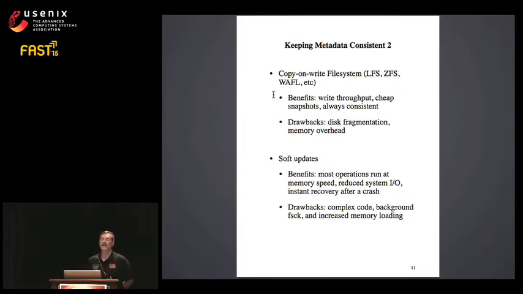So the real technology shift has come with copy-on-write file systems. This started with Mendel Rosenblum on the Sprite project at Berkeley, then Margo Seltzer and others at Berkeley turned it into something that was actually usable in a production environment. And that was used, in fact, in NetBSD as their primary file system up until fairly recently.